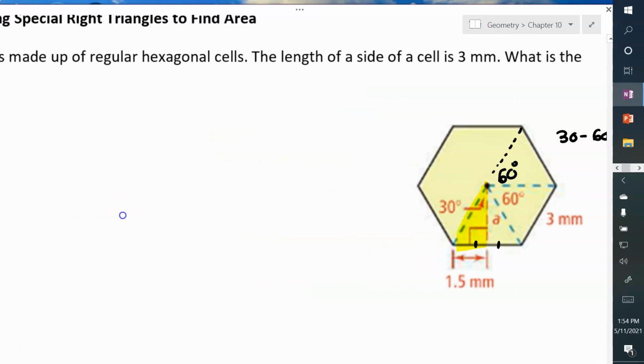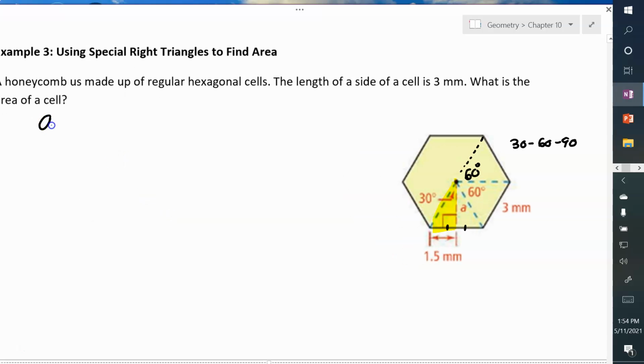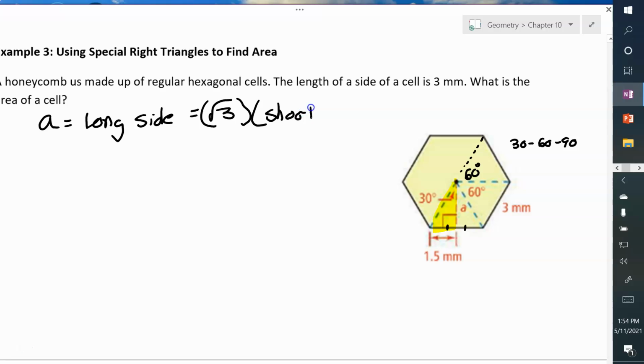So in our 30, 60, 90 triangle, A is the long side, and we know that that is root 3 times the short side. The short side of that triangle is 1.5 because they take that 3 millimeter side, divide it by 2, and you get your 1.5.